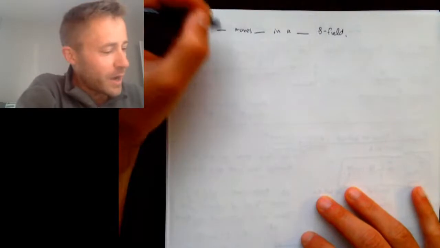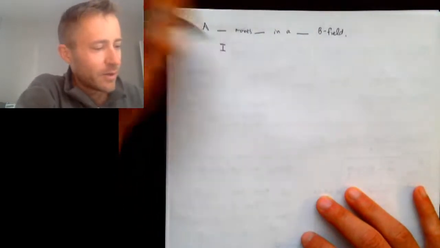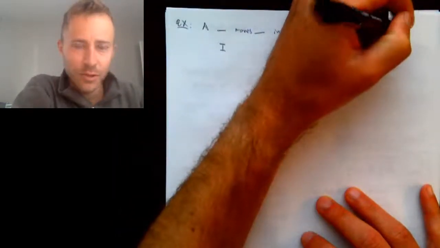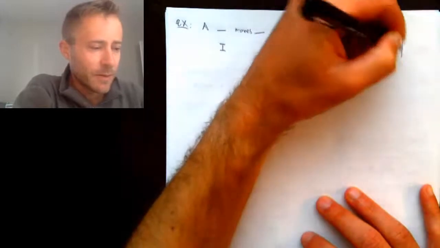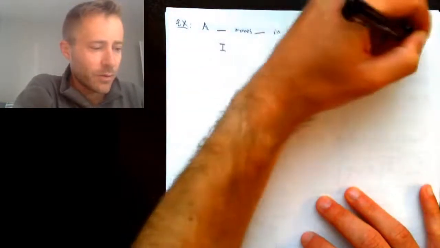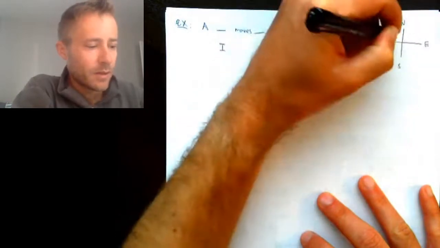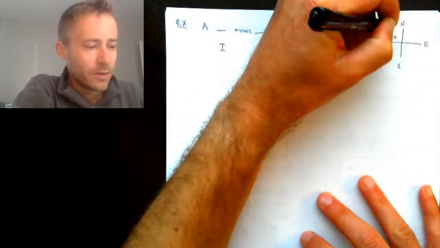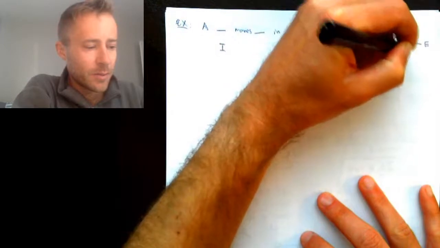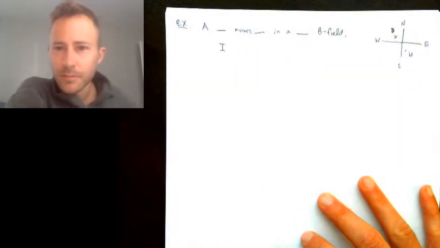Okay, so let's suppose we have a current. Oh, and I'm going to draw my compass rose here just so that we have north, south, west, east. Down is into the page, up is out of the page.